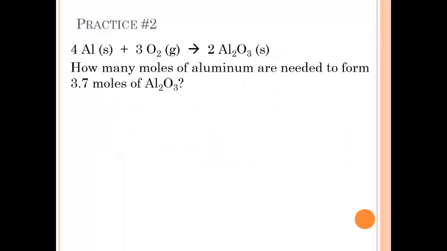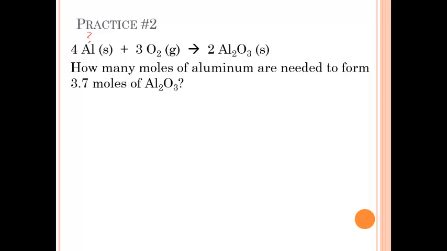So let's switch now to a new balanced equation. This is balanced, so we're starting off good, and we want to know how many moles of aluminum are needed to form 3.7 moles of our aluminum oxide. So moles of aluminum is our question mark.